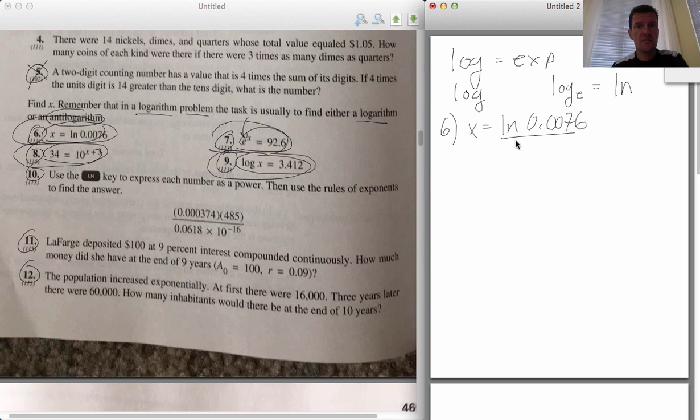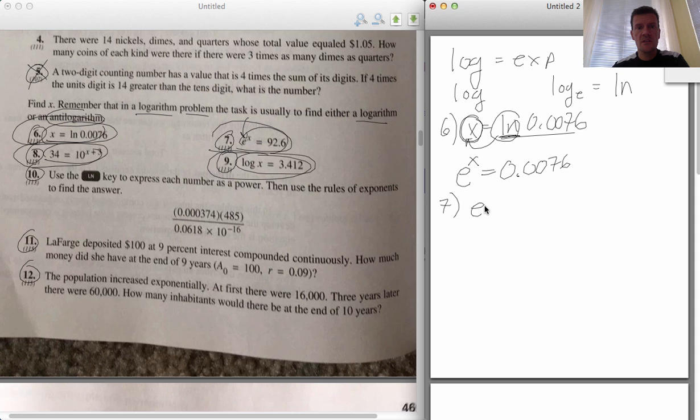Remember, log equals exponent. It's asking you to find the exponent. In other words, e to what power is going to give you 0.0076? That's what it's asking. You just punch it in your calculator and you'll get it.